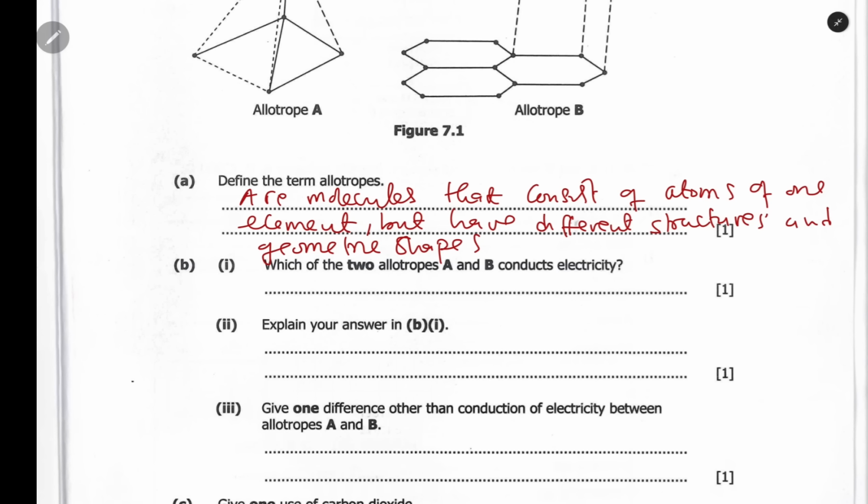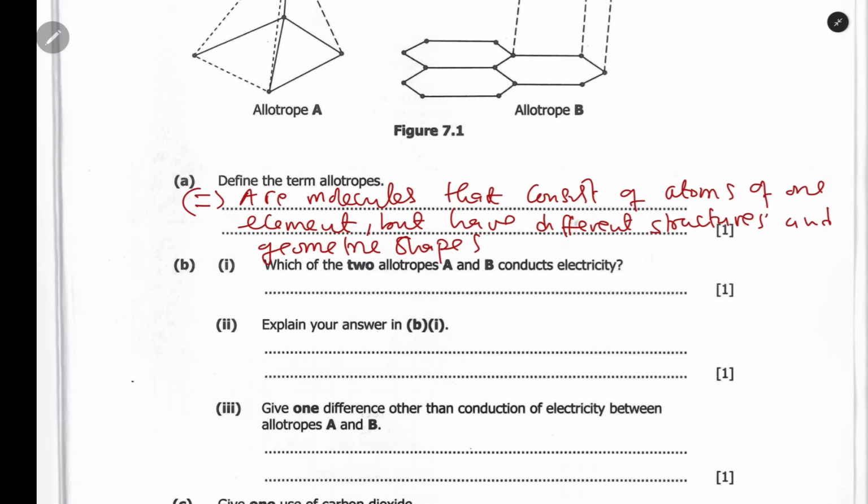Or you can say they are elements in different physical forms but in the same state. So that is what we call allotropes.